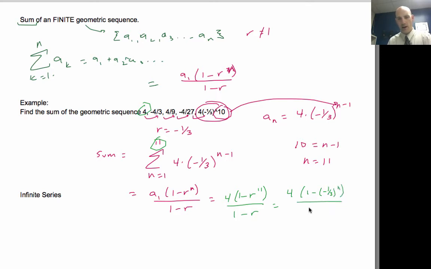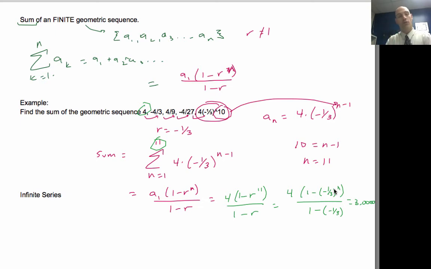And then on the bottom, I've got 1 minus a negative 1/3. When I plug this into my calculator, I get 3.0000 as my sum, okay? And it's got a decimal point, but we've got those 4 zeros, so we're going to round it to those decimal places.